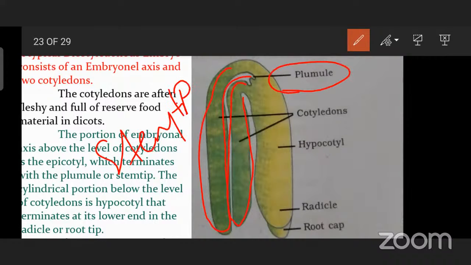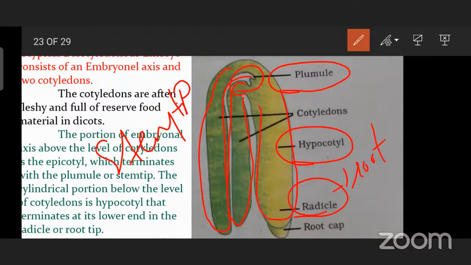The first apical bud of the shoot, this is the plumule. The cylindrical portion below the level of the cotyledons is the hypocotyl, which terminates into the lower end, the radicle. See here, this is the radicle, which develops the root tip.